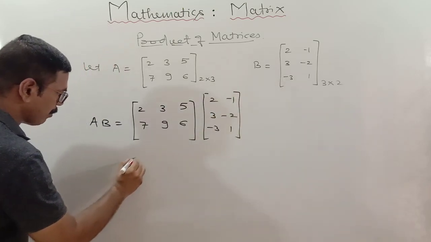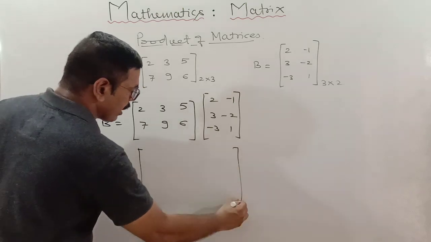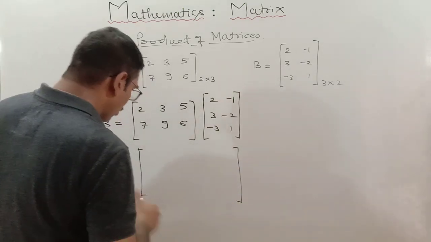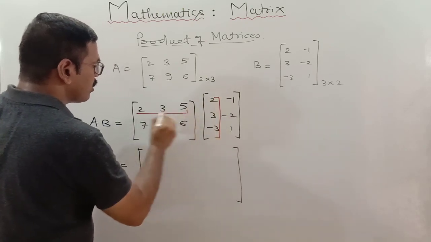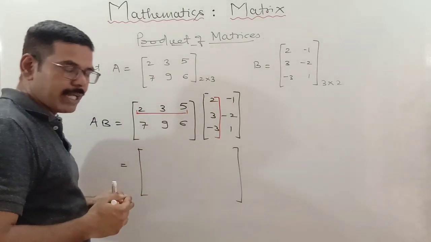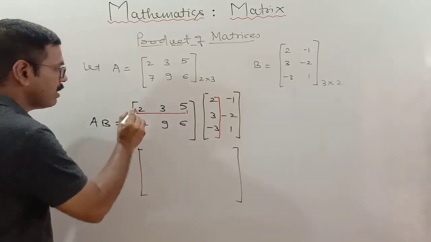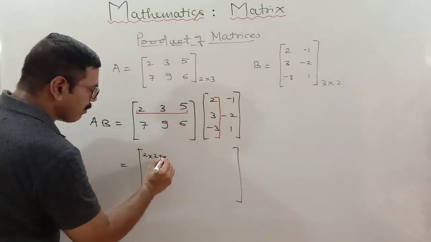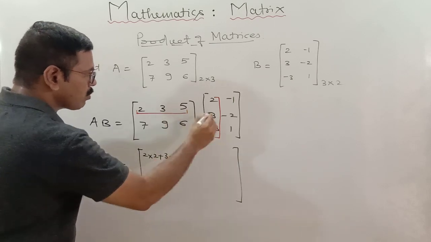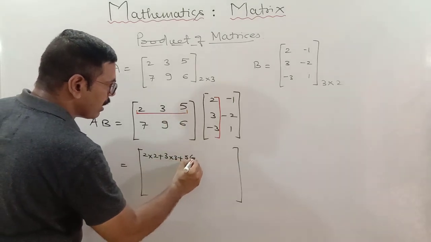Okay, now what will be the AB? See that, यहाँ देखो, first row will be multiplied in first column. This multiply will take place with the corresponding elements. Means 2 multiplied by 2 plus 3 multiplied by 3 plus 5 multiplied by minus 3.